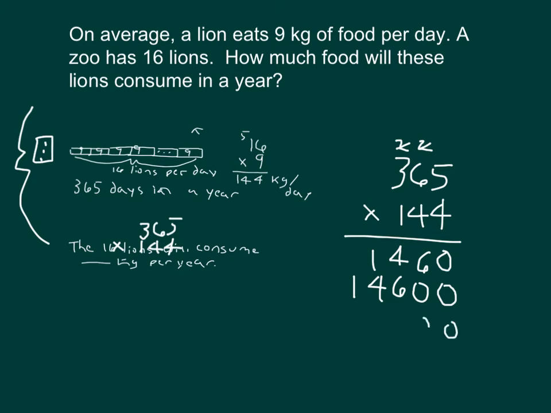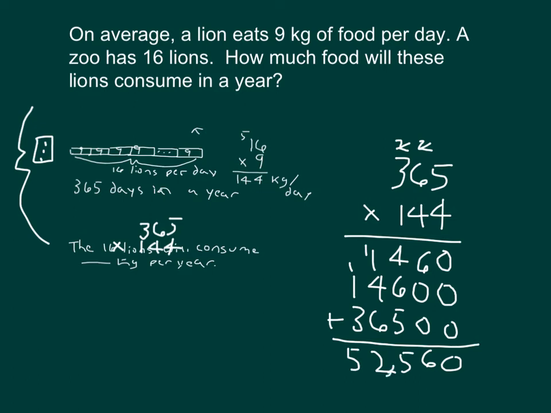Times that final 1 there, that final 1 is worth 100. So we have 100 365s, which is also 36,500. Carefully adding those together. 2, 6, another 6 is 12, 2 regroup a 1, 1 plus 1 is 2, plus 3 is 5.